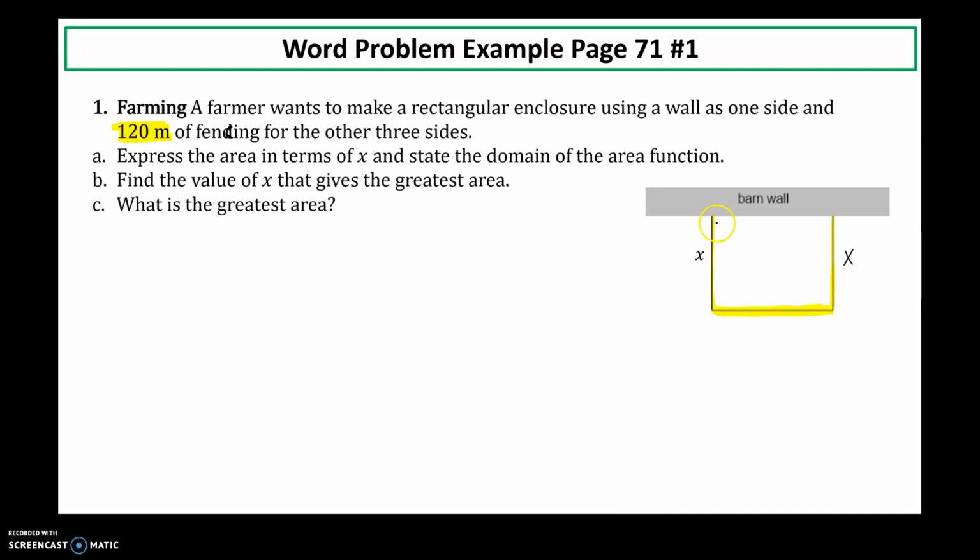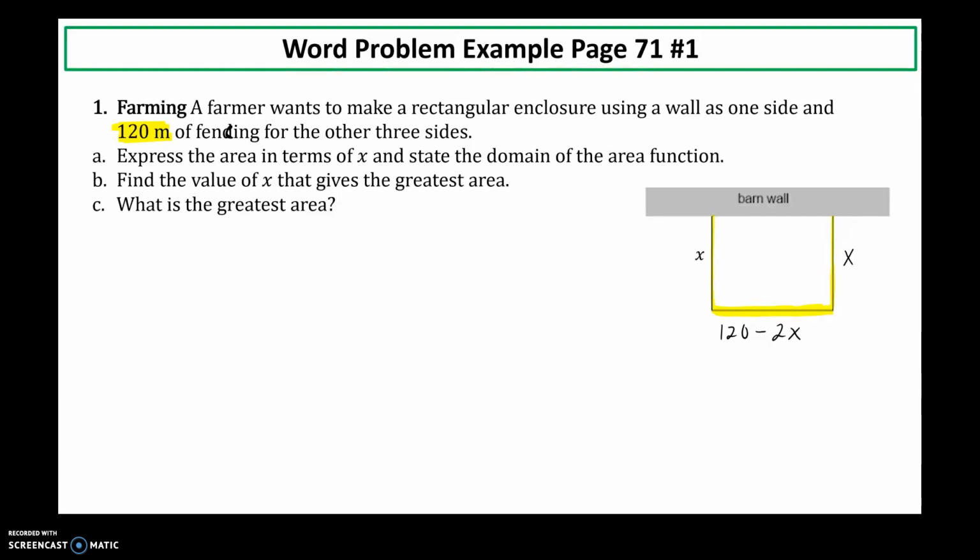The total amount of fencing that I have, my total perimeter for these 3 sides, is 120 meters. So what's this remaining side going to be? It's going to be the 120 meters that I have minus these 2 x's, because we're told that the one wall has a length of x.